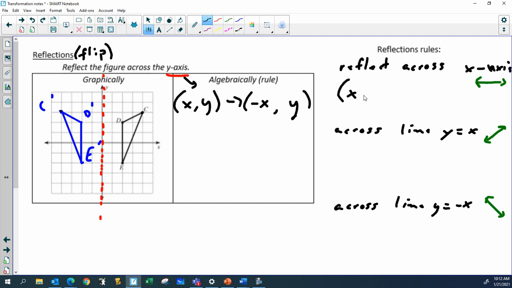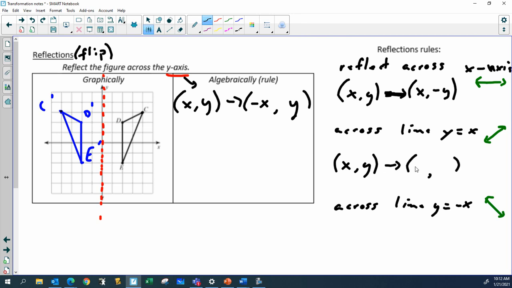So if we reflect across the x-axis, any point that you have will get transformed by keeping our x value the same in this case, but our y value will turn to be the opposite. What you'll notice if you reflect across the line y equals x is your x and y values will switch places in any coordinate.